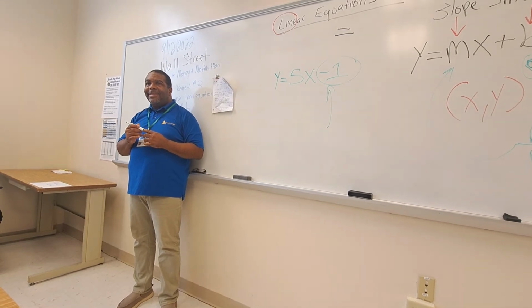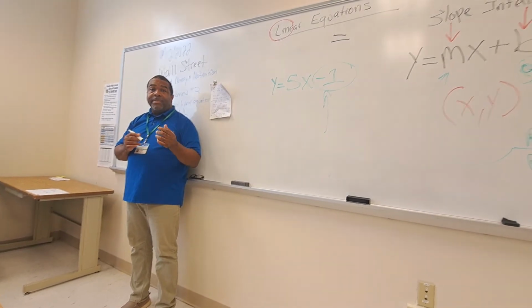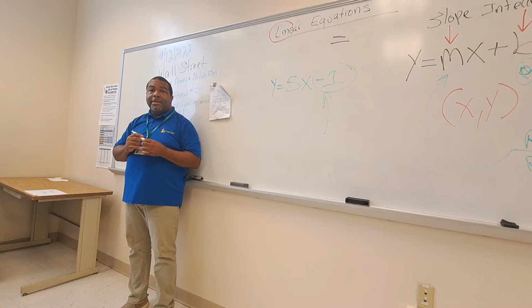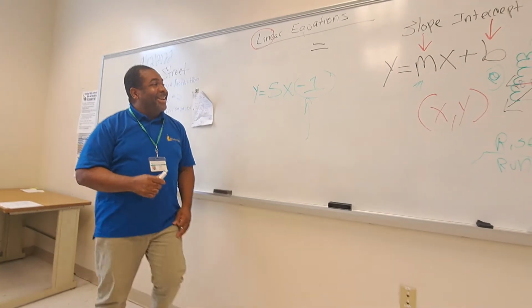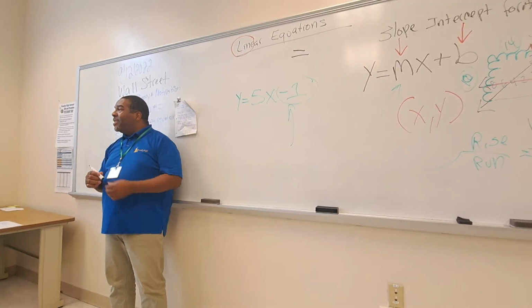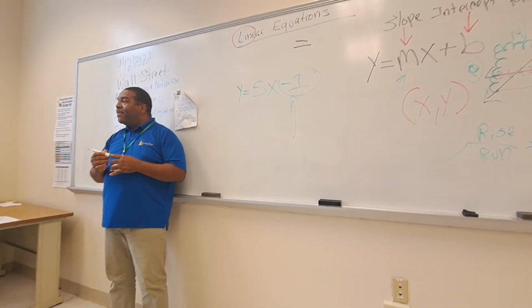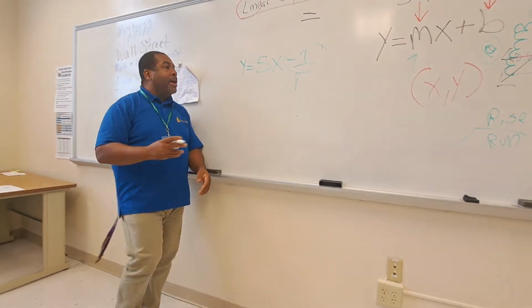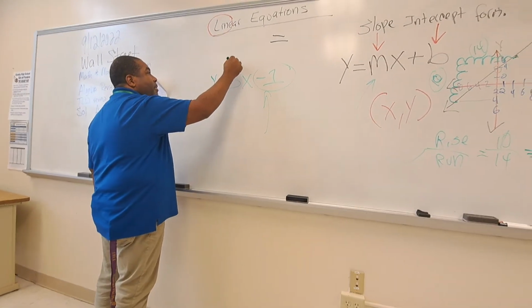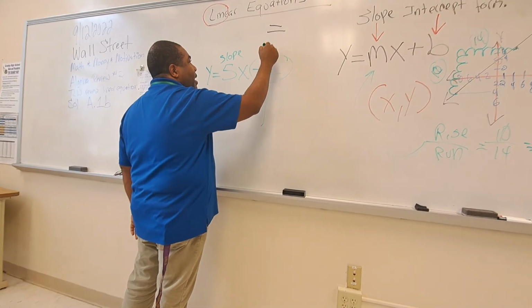All right, Jamel, what was your answer? The slope would be 5. 5, right. So this is our slope. This is our y-intercept.